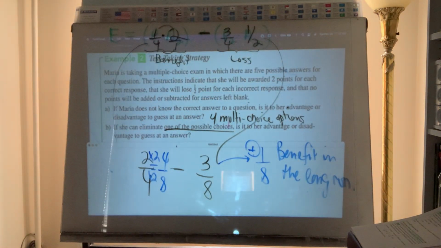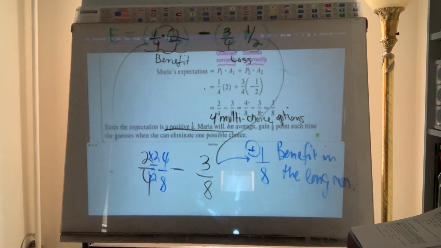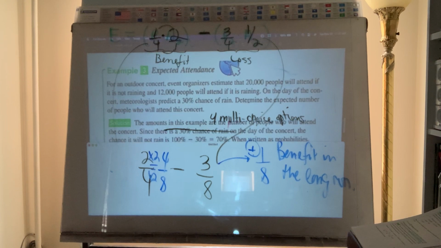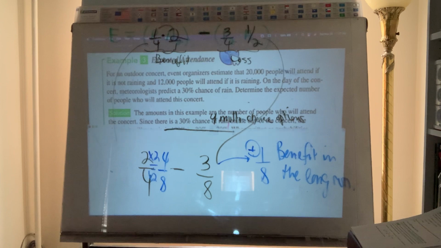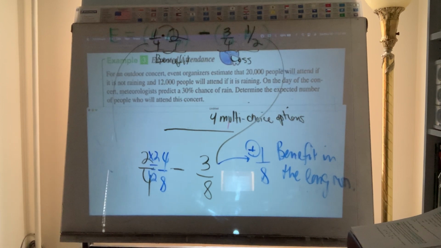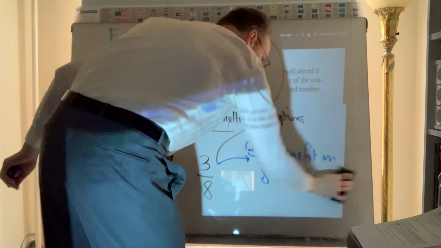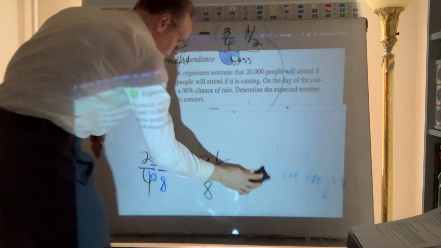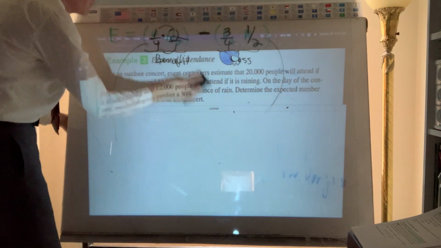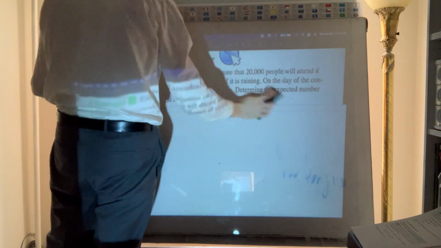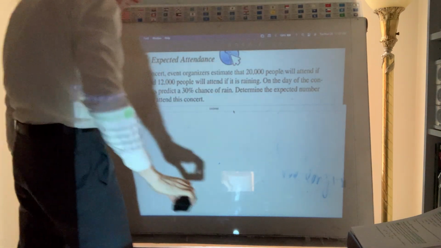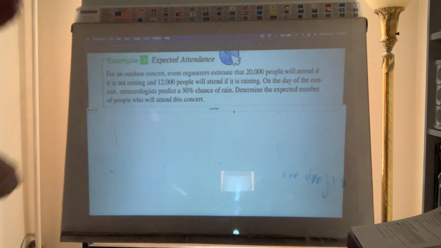All right, let's take a look at 3. For example 3, it says expected attendance.